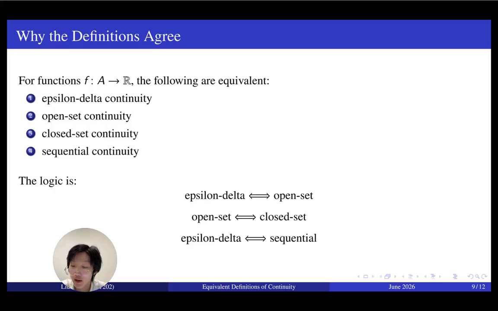Open set continuity is equivalent to closed set continuity. And epsilon delta is equivalent to sequential continuity. So if one definition holds, then all the others hold as well. This shows continuity is one concept viewed from different angles.